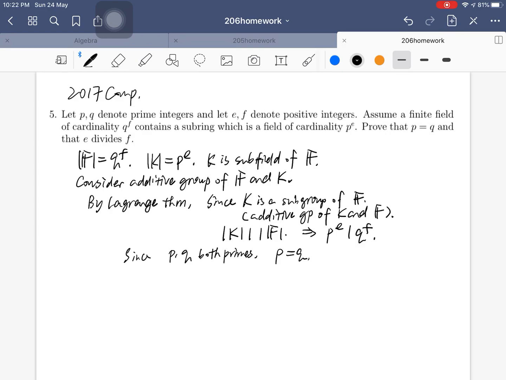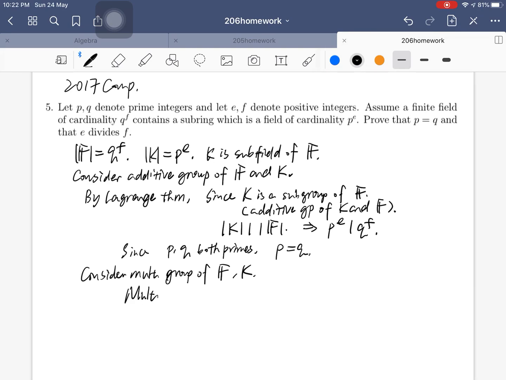So now we consider the multiplicative groups of F and K. The multiplicative group of F contains P to the power f minus 1 elements, because we've already proved that P equals Q, and other than the 0 element, all other elements are units.